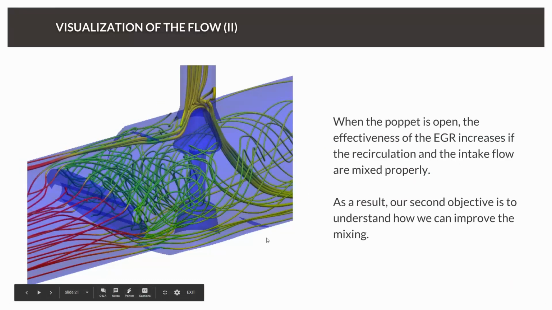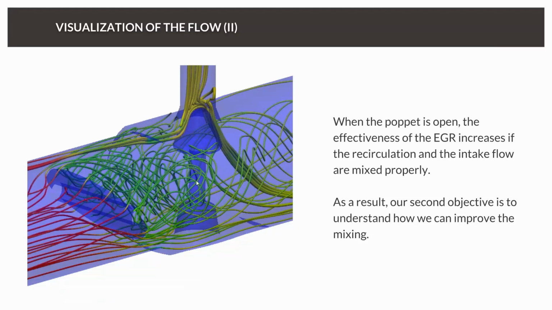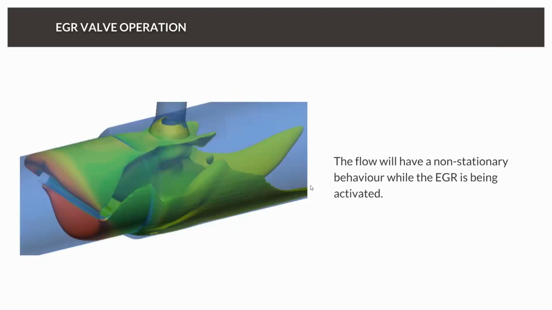Sorry, it was too quick. Here you can see we already have a kind of flow separation behind the butterfly valve body. But since the exhaust gas is coming from this side, it would be great to have some more mixing on the opposite side of the poppet.